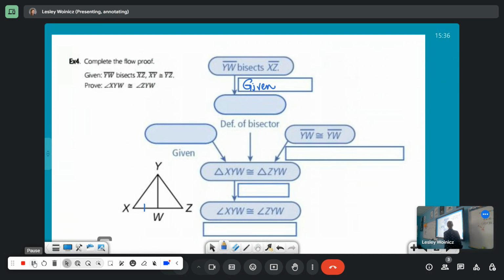XW is congruent to ZW. Now what? Okay, because that was given to us. What else?